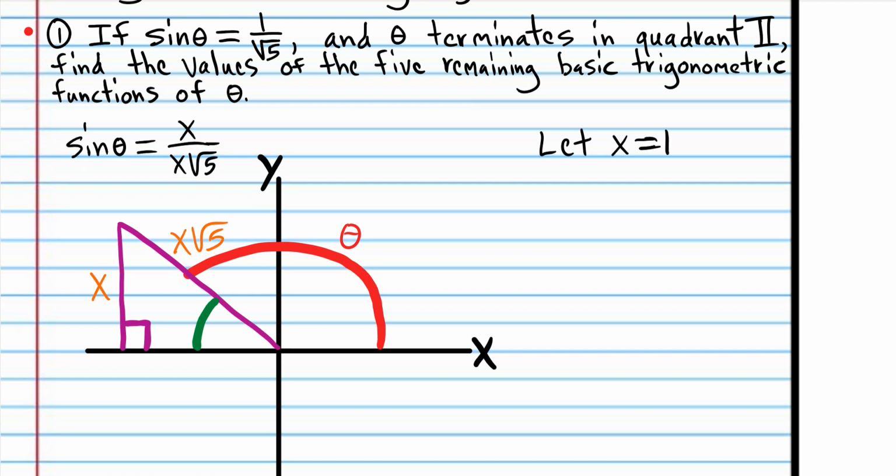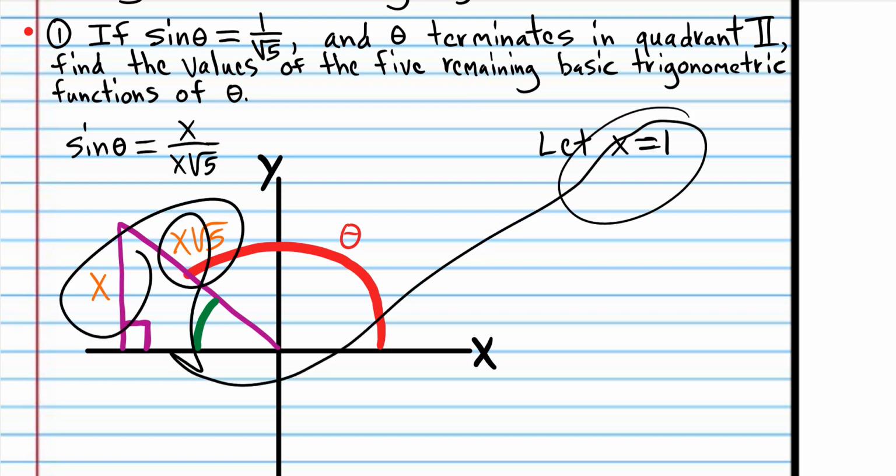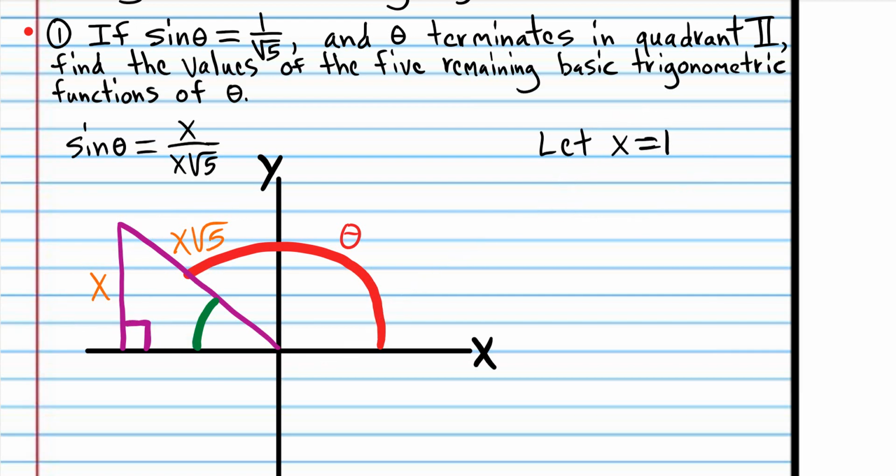Because again, the triangle can be any size, as long as it has the general shape that we want. It doesn't make a difference how big or small it is, because again, we're looking for ratios. And the reason that we're letting x equal 1 is because we don't want to have to deal with x when we use the Pythagorean theorem. So that's what we're going to do to find this missing side length.